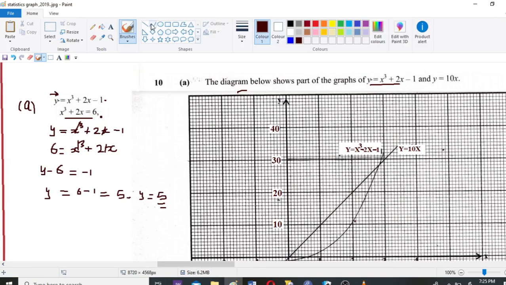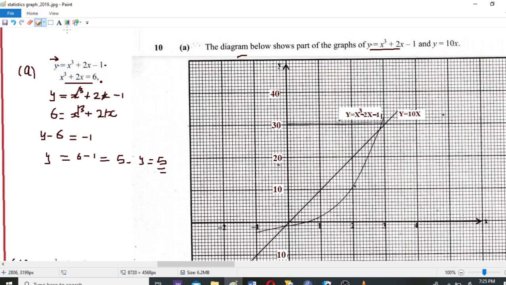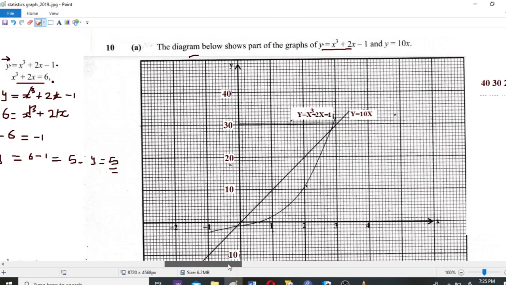Just a moment. So we have it here. I want us to use a straight line. So we know the line that we want to draw, that is y is equal to 5. In the y-axis you can count your 5. Remember, in the y-axis we have 2 centimeters to 10 units.